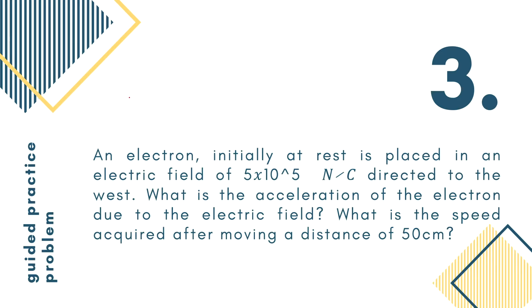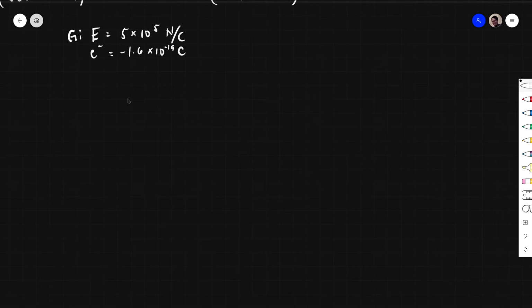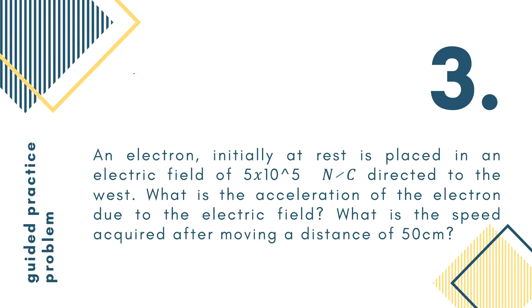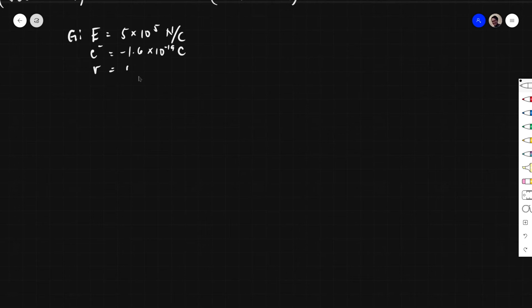What else? We have distance. In this case, let's just use R, which is 50 centimeters. So that's 5 times 10 raised to negative 2 meters. For our required, we are tasked to look for acceleration first, then for velocity.